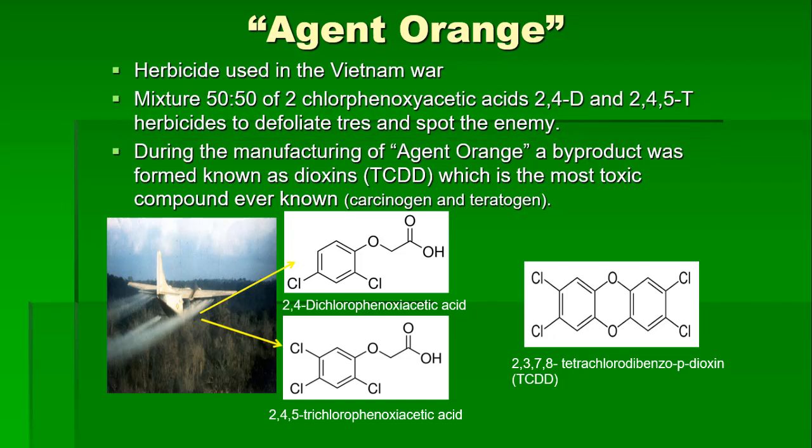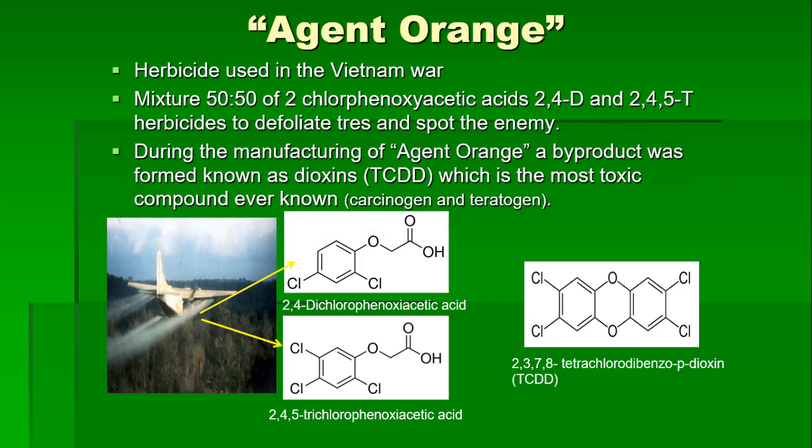In addition to its damage on the environment, the formulation was contaminated with the most toxic compound ever known, a dioxin, and that caused major health problems for many people that were exposed.